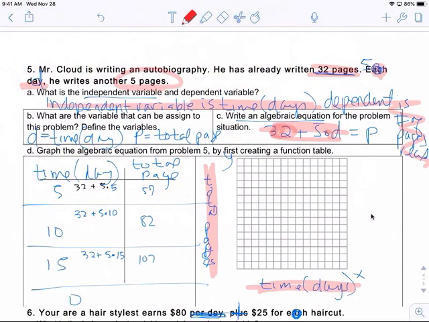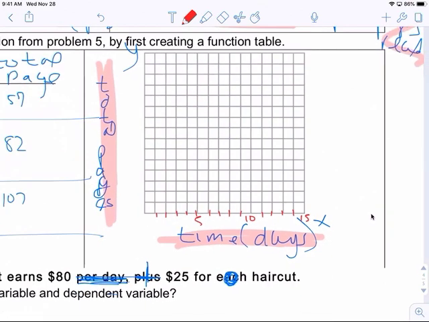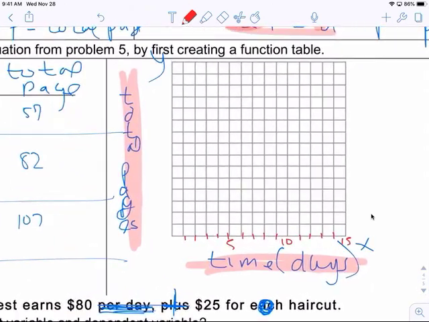Okay, so let's graph that. We got time in days. That's your X. It's going by 1 already. 1, 2, 3, 4, 5, 6, 7, 8, 9, 10, 11, 12, 13, 14, 15. Okay, and then counting, I can go by 10. It's up to 100.